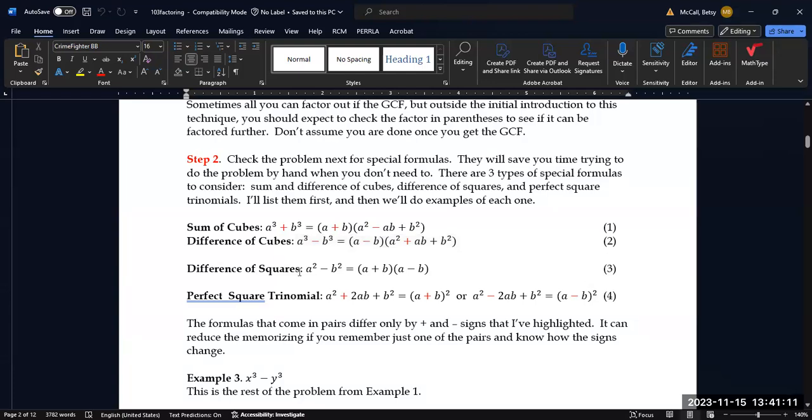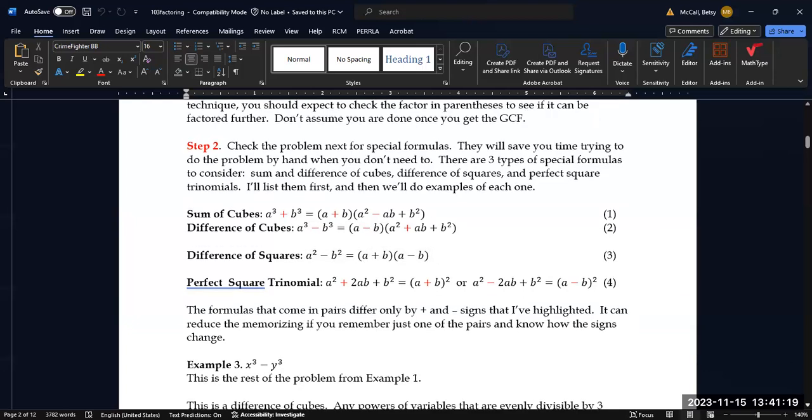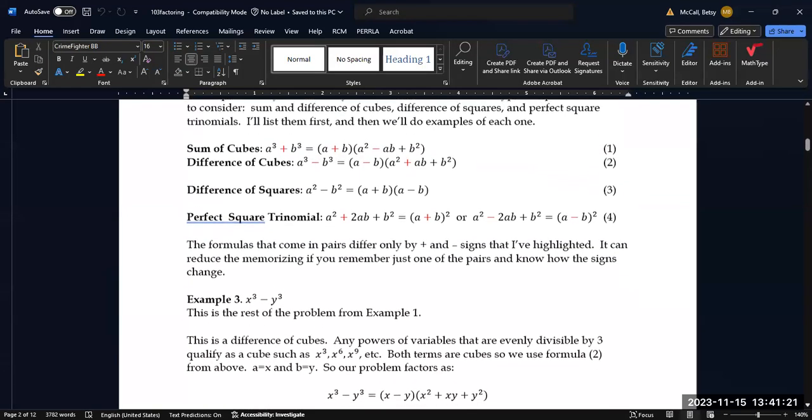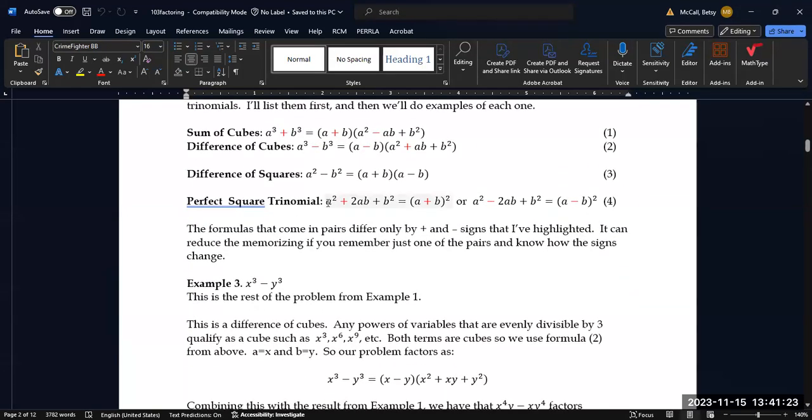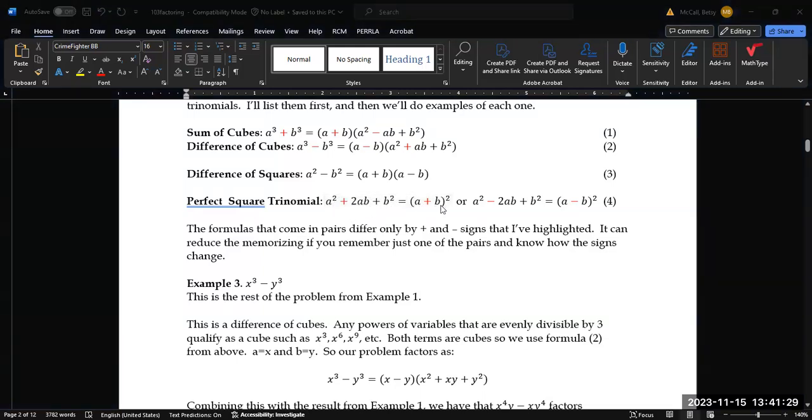The difference of squares formula comes up a lot. If you have a squared minus b squared, then this is going to factor as a plus b times a minus b. And then the perfect square trinomial is going to have the form a squared plus 2ab plus b squared, and this is going to factor as a plus b quantity squared.